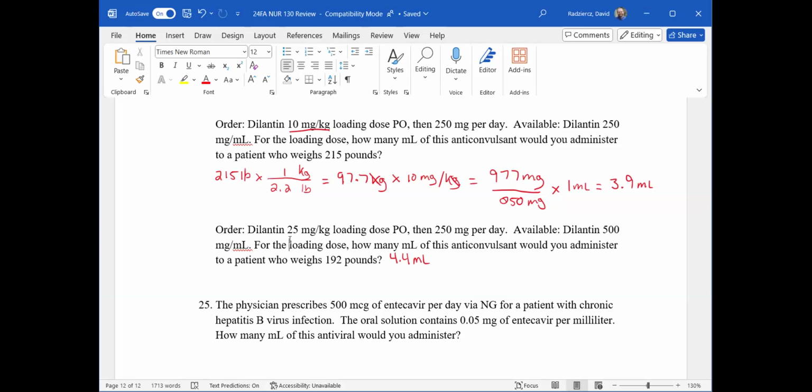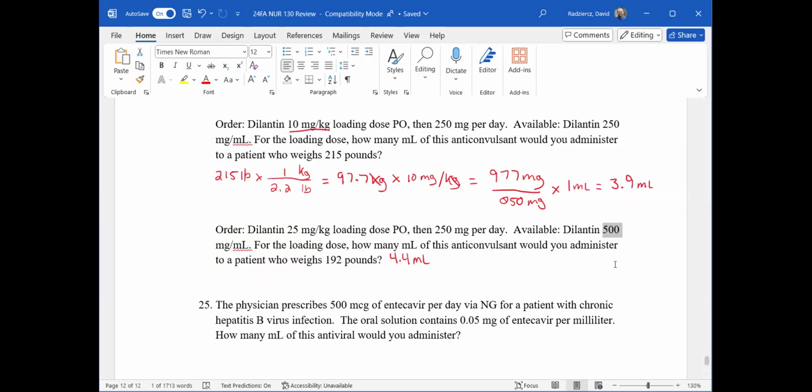Okay, let me double check what I got now. It is 87.3 times 25. Then that's supposed to be 2182.5. 2182.5 divided by 250. Not 250, oh, divided by 500.